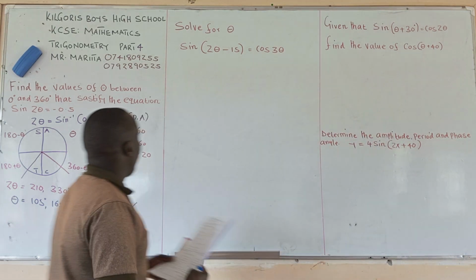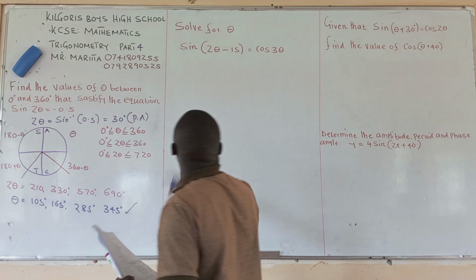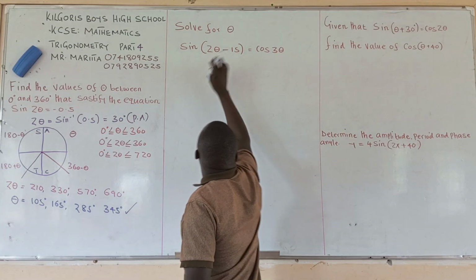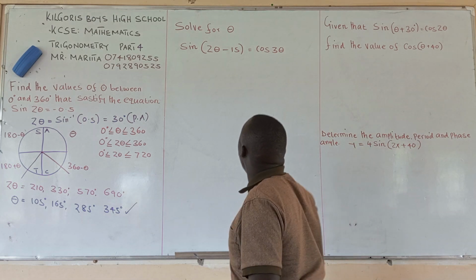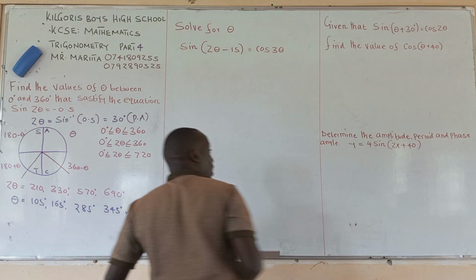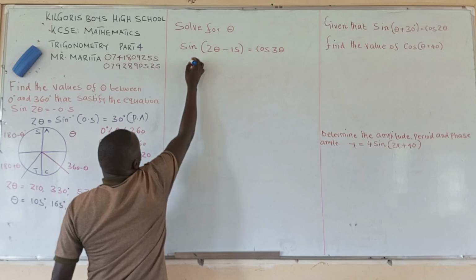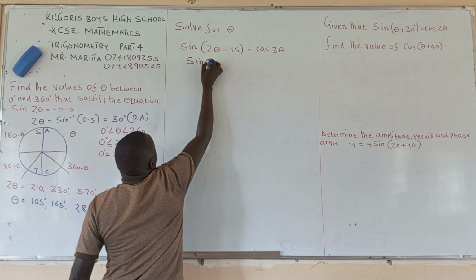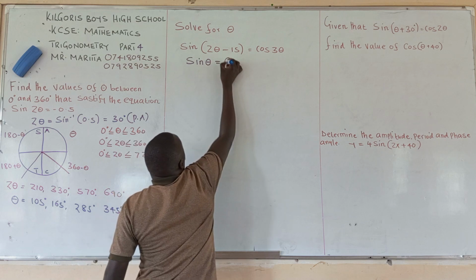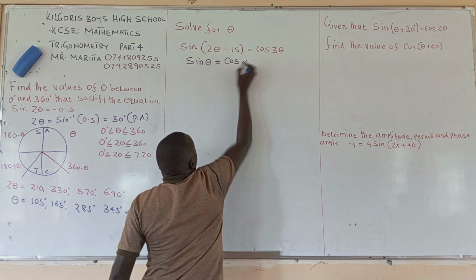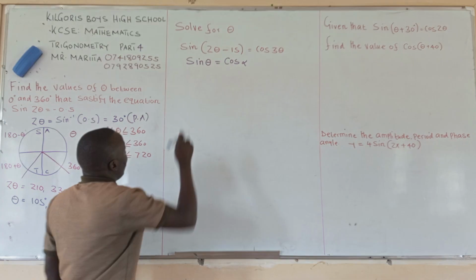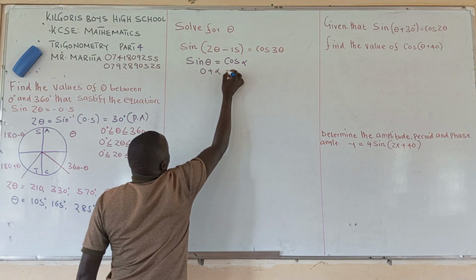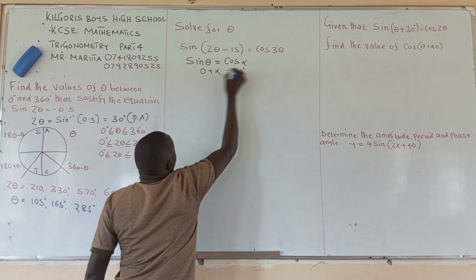Now solving for theta, we have sine of 2 theta minus 15 is equal to cos of 3 theta. So if we have sine theta equivalent to cos alpha, what you need to understand here is that theta in this case plus alpha is equivalent to 90 degrees.